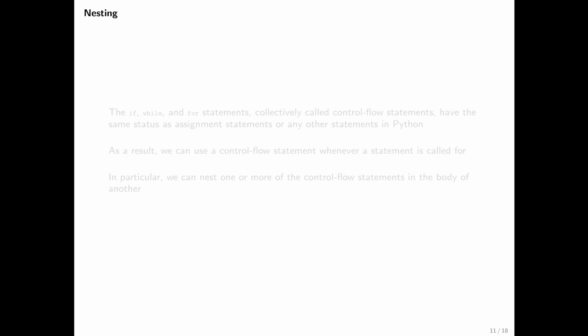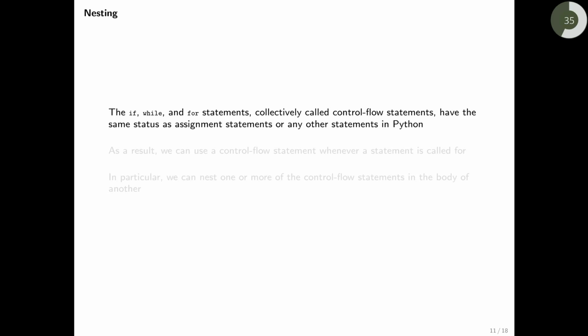Now let's talk about the concept of nesting. The if, while, and for statements that we've seen so far are collectively called the control flow statements. They have the same status as the statements we've seen before, such as the assignment statement.